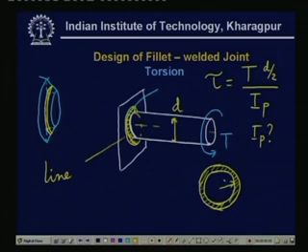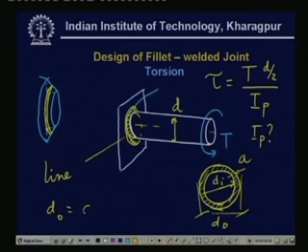Now, consider this inner diameter di and outer diameter do, and if you consider the thickness to be very small, let us say a, then do will be equal to di plus twice a.